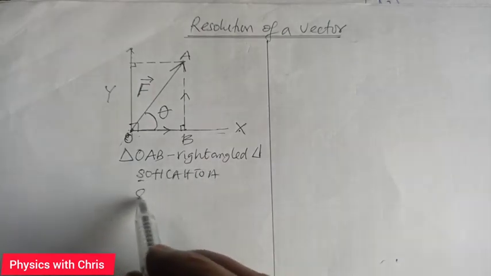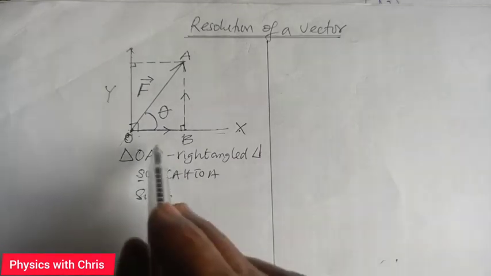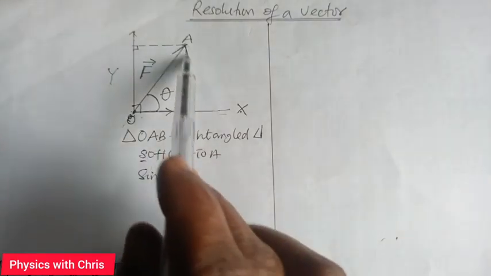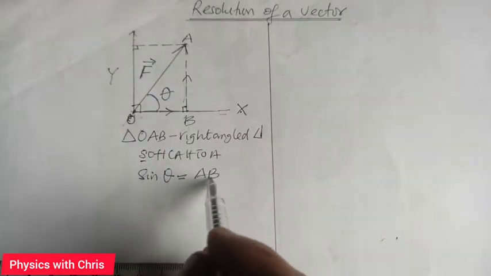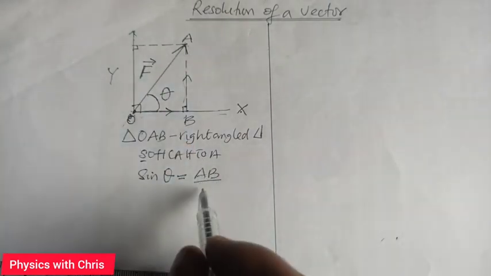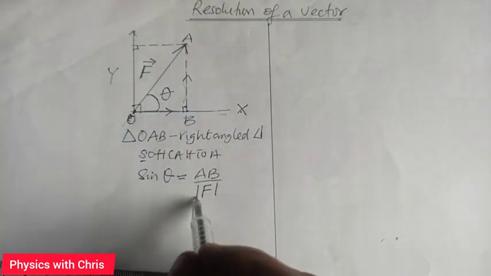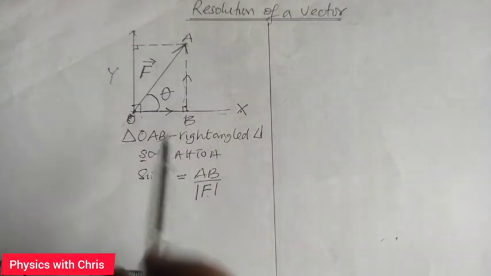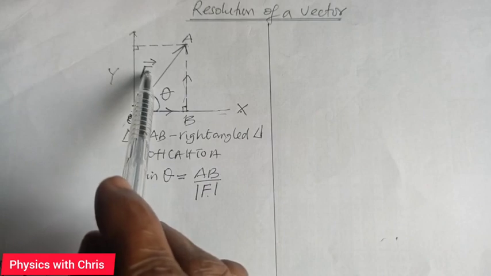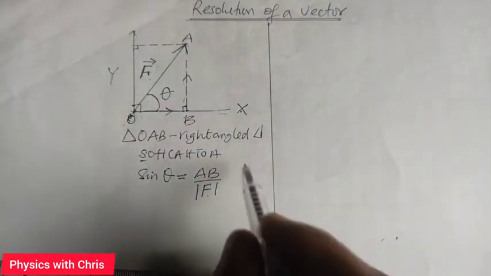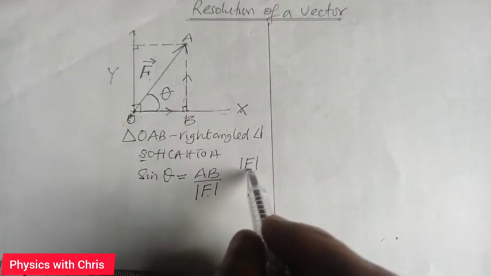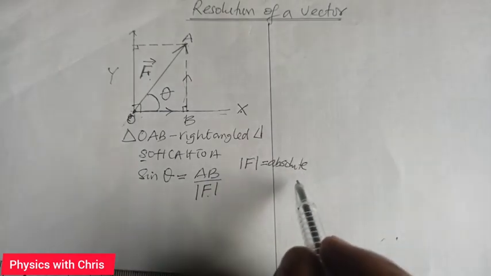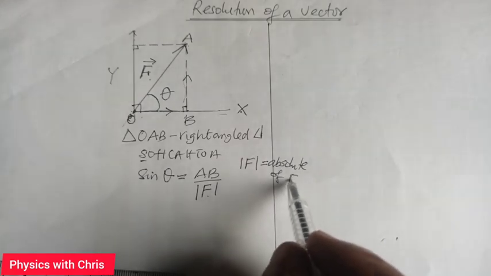Sine theta, where theta is the direction of the vector, is given by the opposite side, which is AB, over the hypotenuse, which is vector F. Now what I need is the magnitude of the vector F. This symbol represents the vector F both in magnitude and direction. So we use this symbol to represent the modulus of F, which also means the absolute value of F, the magnitude only of vector F.